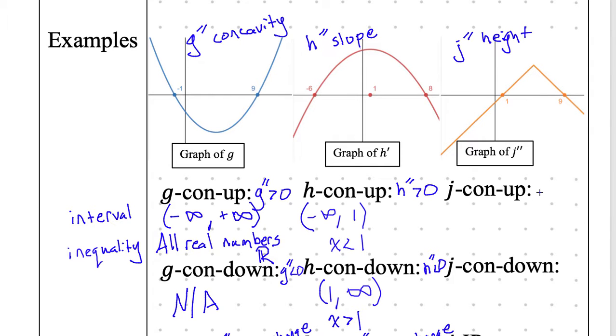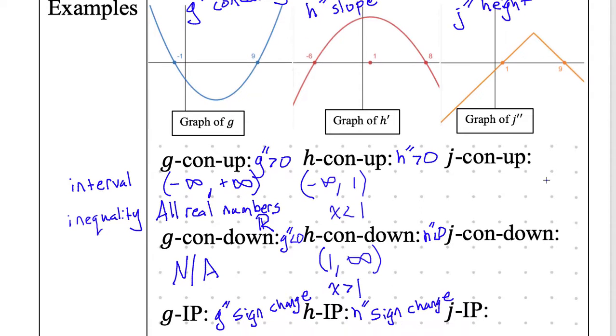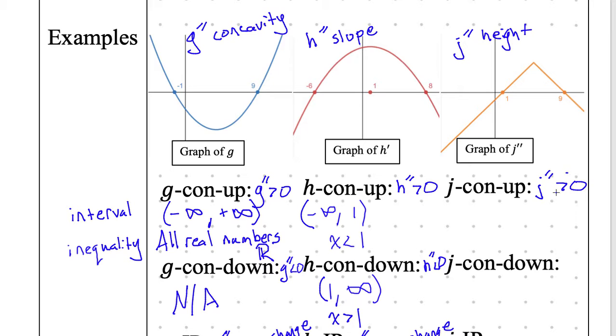All right, so definition. J concave up is J double prime greater than 0. All right, and then where is that? J double prime is height. Where's the height greater than 0? Where is this height above the x-axis?